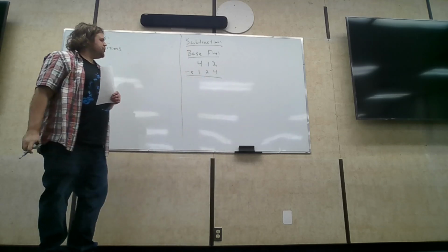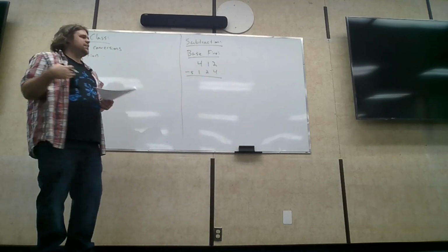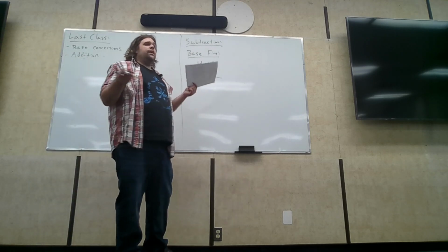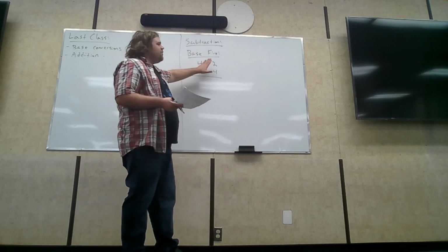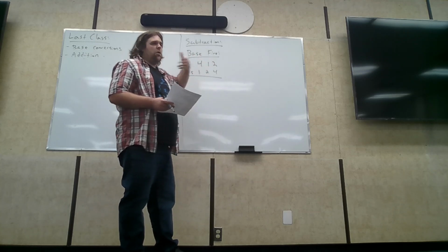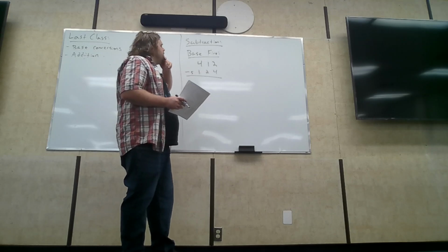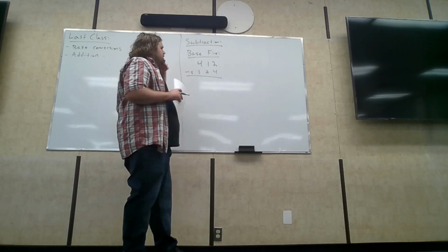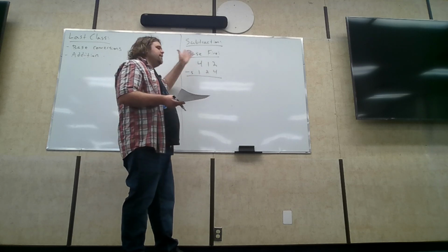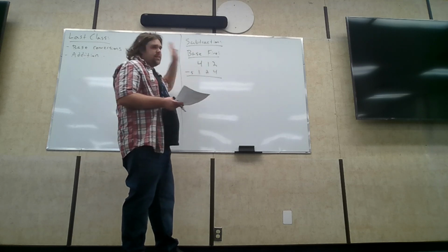So let's do 412 minus 124 in base 5. For subtraction here, let's not even pretend we're in base 5. We just work from right to left and do the subtraction, right? Like 2 minus 4. Now, in the base 10 algorithm, we look at this and say, I can't take 4 away from 2. That's not big enough, right? I know you could say, well, negative numbers, but that's not how this algorithm works.